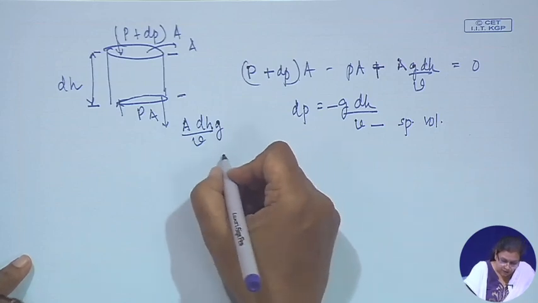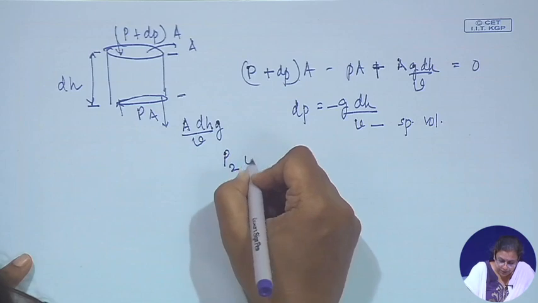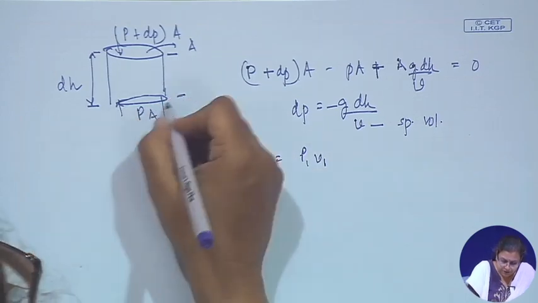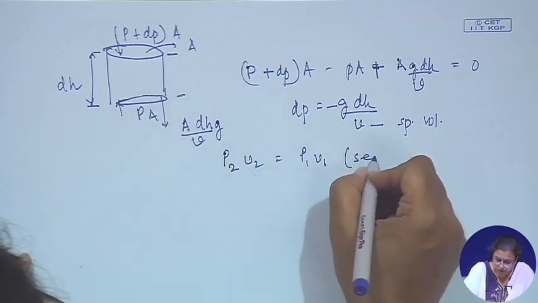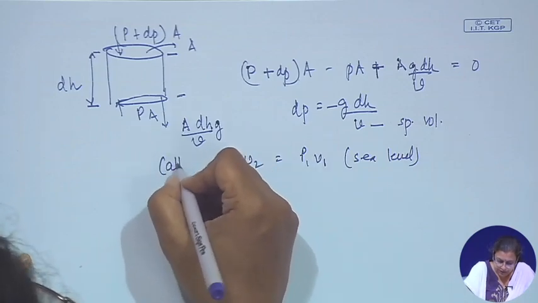Now, for isothermal conditions, what do we know? As I have told you, P2 V2 equals P1 V1, where P1 V1 refers to the sea level, and P2 V2 refers to the height above.